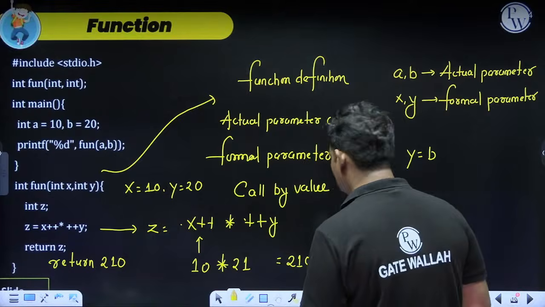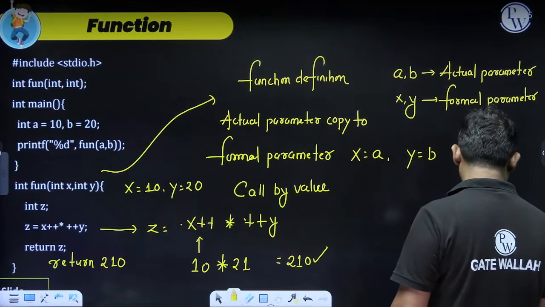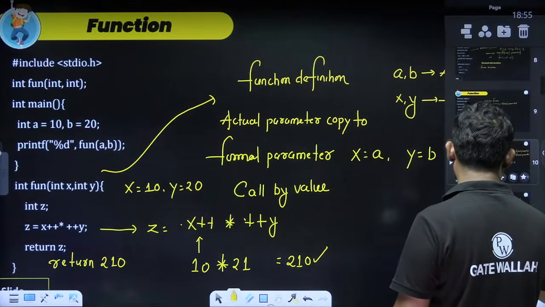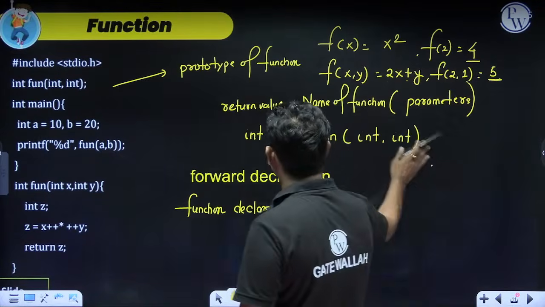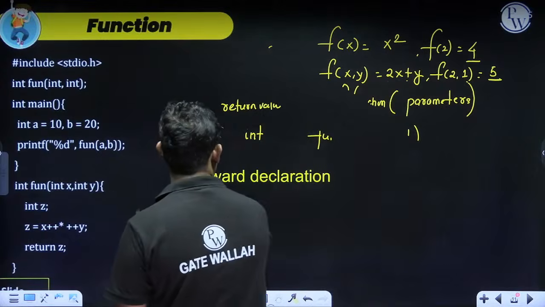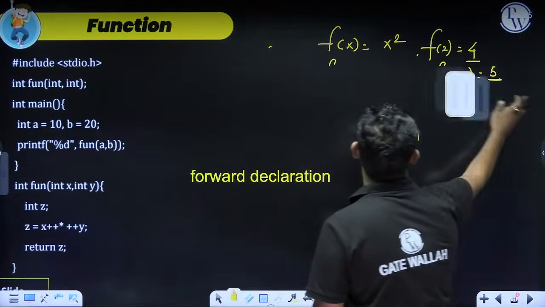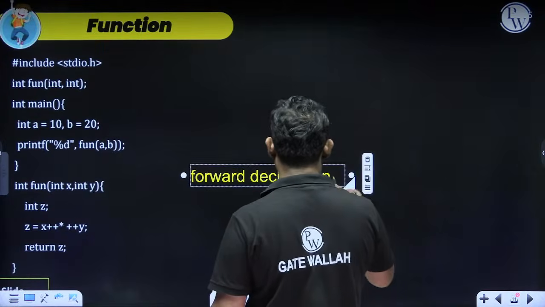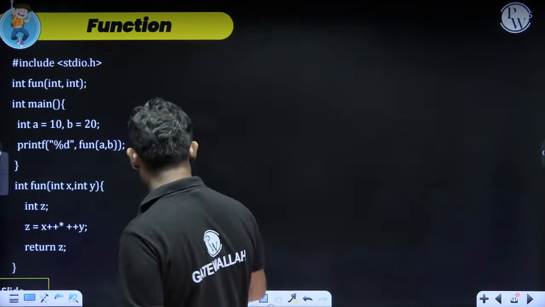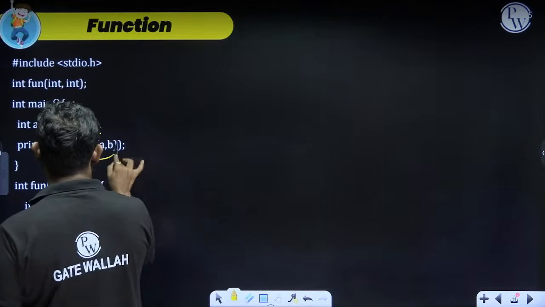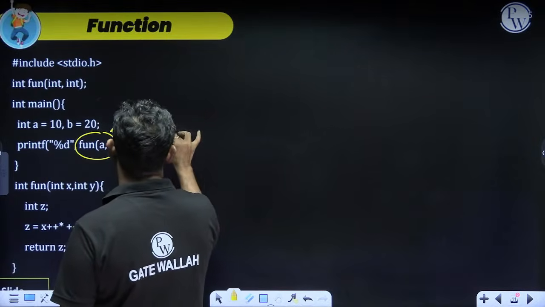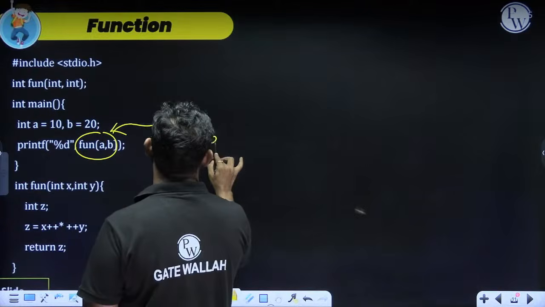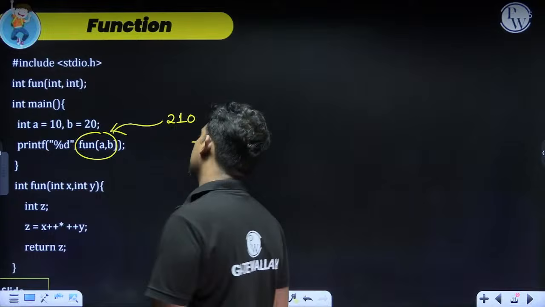Now very simple, control transfer happens, and when it returns 210, in the place where it is called, this will be replaced by 210, and this printf will print 210.